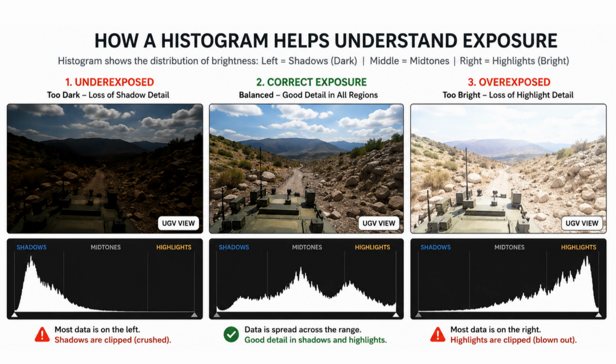In the center, the correctly exposed image shows a balanced histogram spread across shadows, midtones, and highlights. This preserves useful detail throughout the scene. On the right, the overexposed image is too bright. The histogram is pushed toward the highlights, and bright areas lose detail. For vehicle cameras, the aim is not a perfect histogram, but to preserve critical information in the terrain, obstacles, and targets.